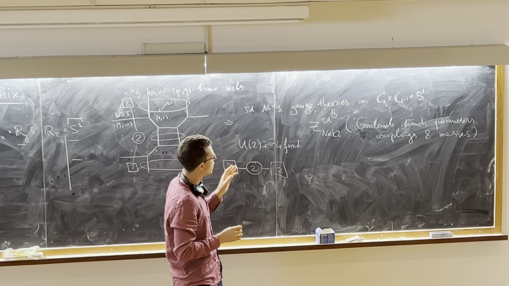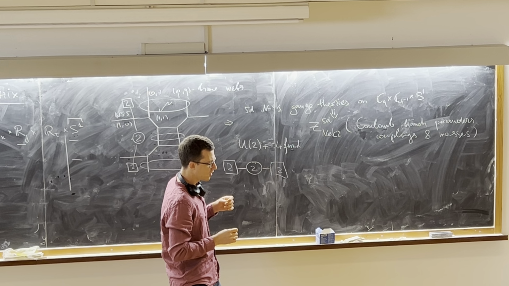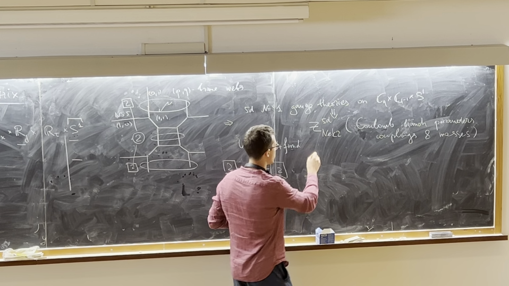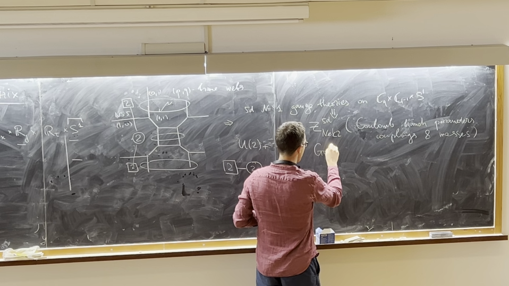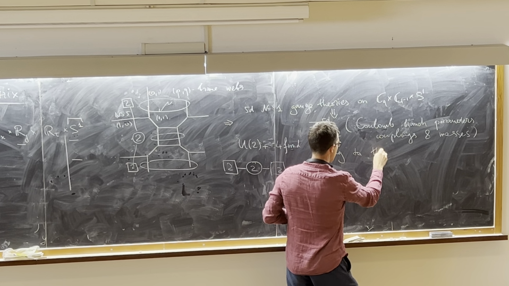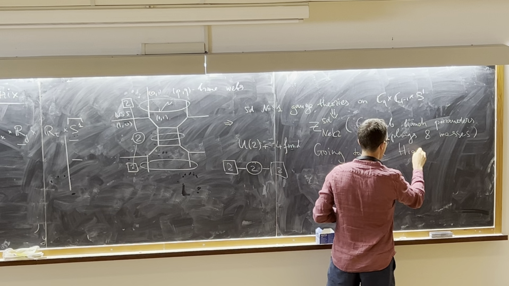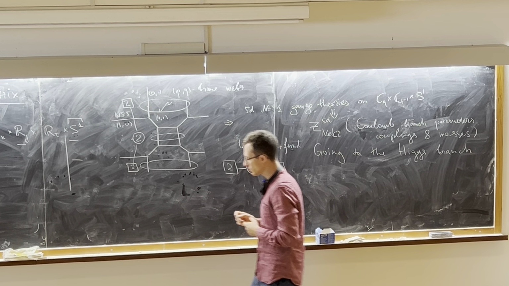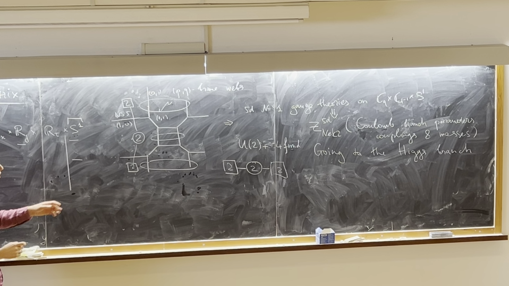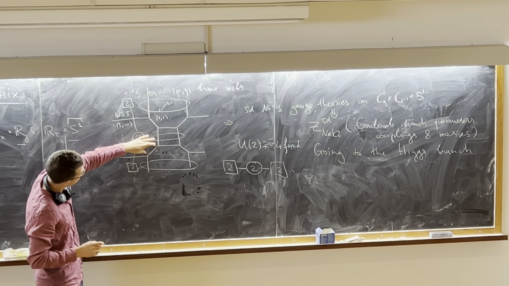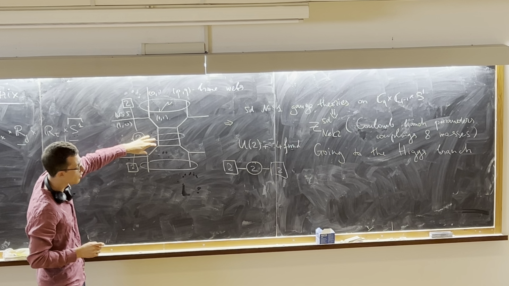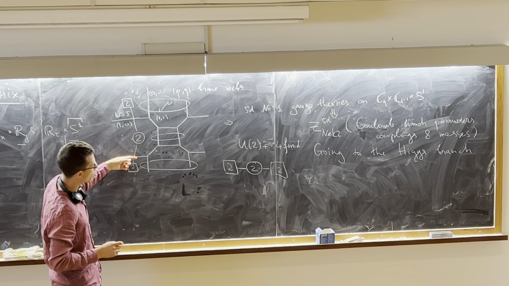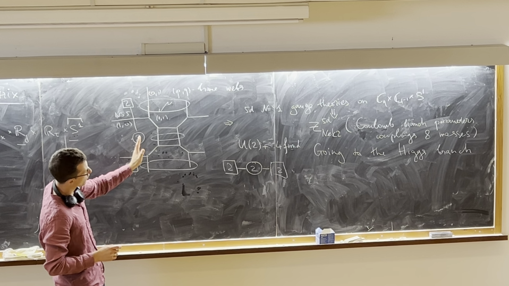But the natural question then is to ask what happens if I go to the Higgs branch now. So going to the Higgs branch corresponds to reducing this length to 0 and this length to 0, and then moving one of the branes out of this picture.